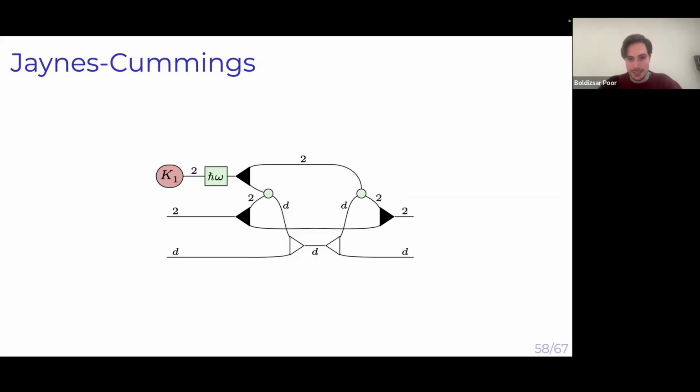Another place where we believe mixed dimensions are useful are mixed dimensional quantum chemistry Hamiltonians. So this is the Jaynes-Cummings Hamiltonian. Something very similar was shown in the light matter interaction paper, but it did kind of have a problem that the wire that we have here should be something corresponding to matter, where you have only two basis states, 0 or 1.